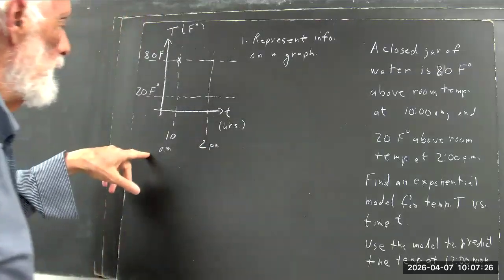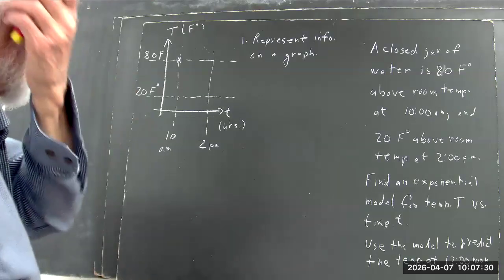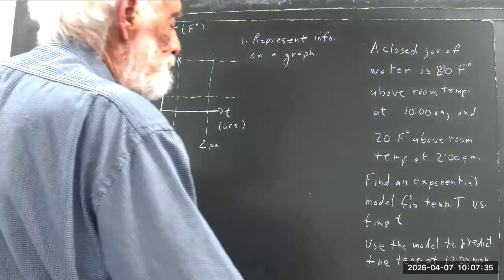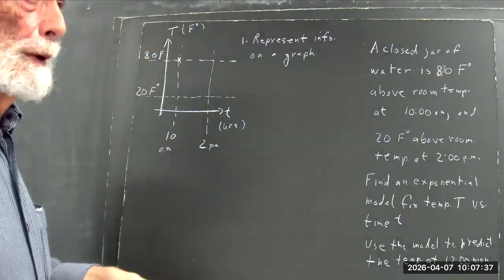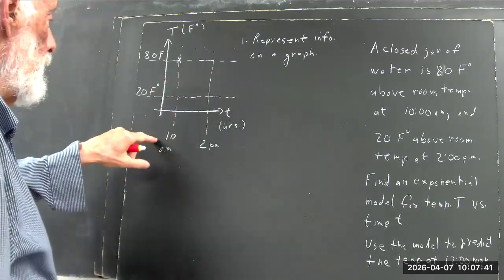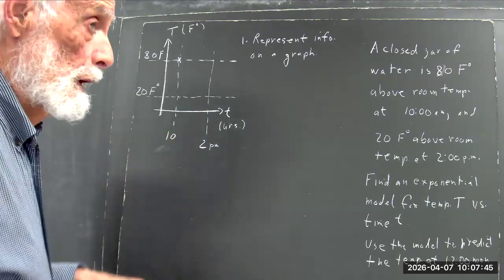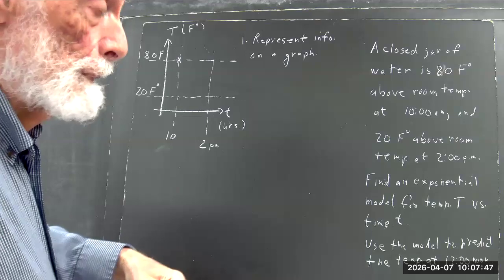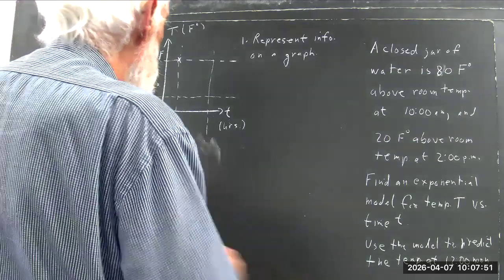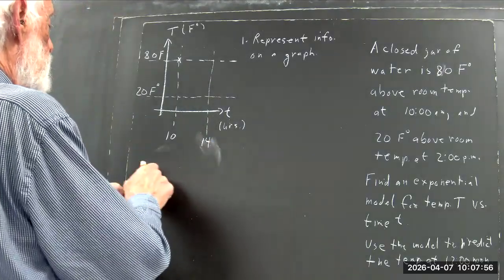Now, working with AM and PM can be a little bit of a pain. So I would actually change this to say 24-hour time. Starting at midnight, 10 a.m. is hour 10. 12 o'clock is hour 12, and 2 p.m. is hour 14. And that's military time.